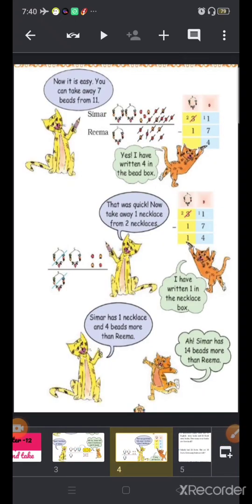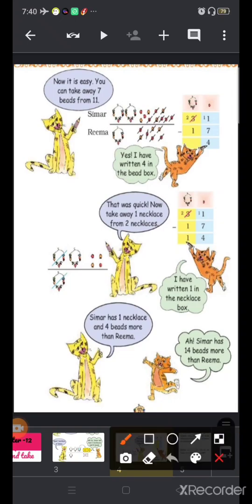Now we can subtract 7, isn't it? Now it is easy. You can take away 7 beads from 11.